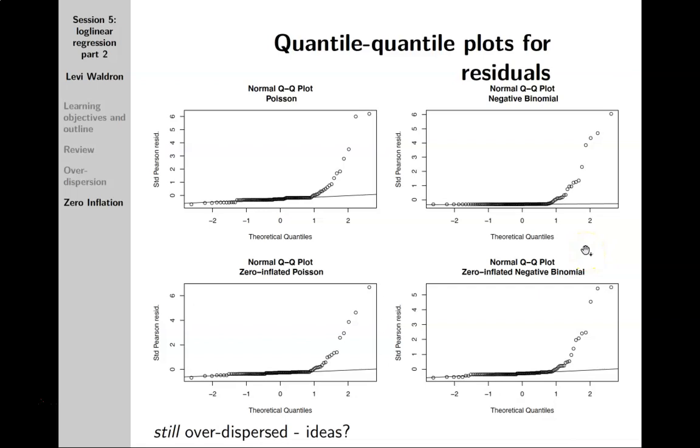And I'm out of ideas at this point. It's a very unusual distribution, and I think it was a bit of an odd choice for a textbook example in that none of these models fit it especially well. Probably zero inflated negative binomial fits it a little bit better, but it's hard to say. None of them fit it very well.